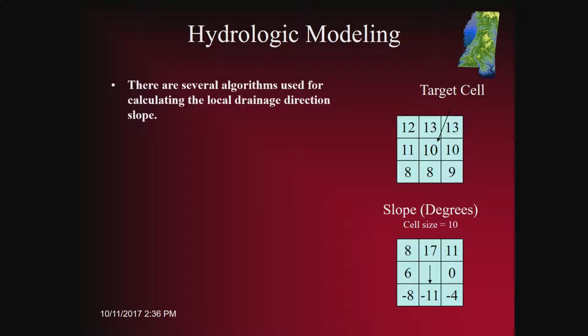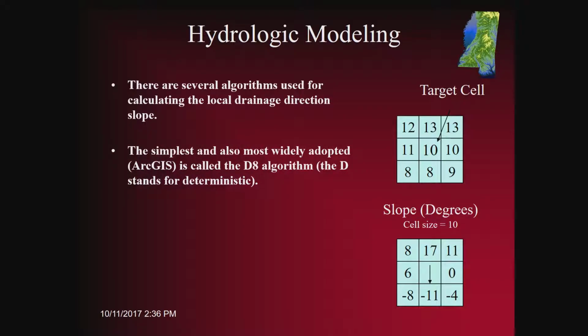There are several algorithms used for calculating the local drainage direction. The one that I mentioned is the one that's implemented in our GIS. It's called D8. D stands for deterministic. In other words, given the same set of inputs, you always have the same output.